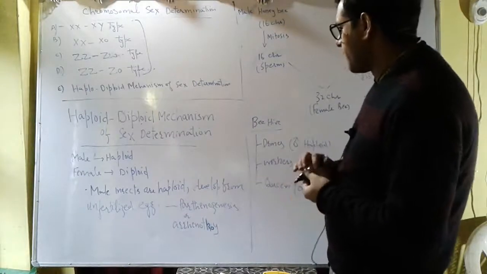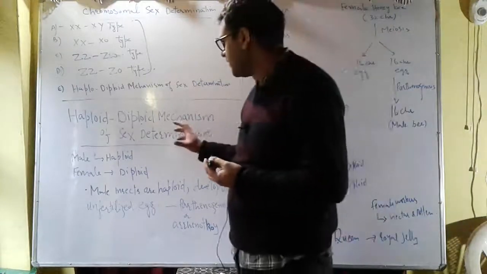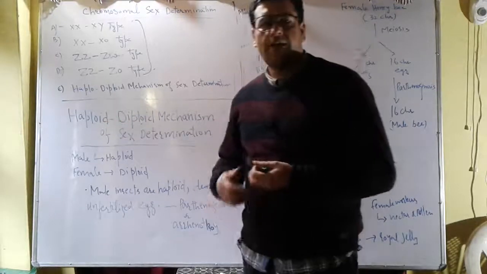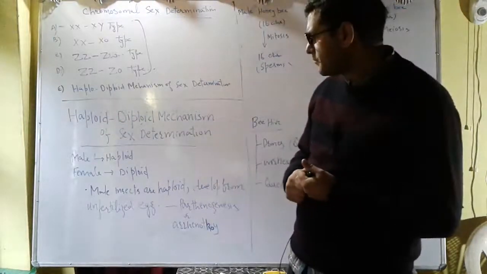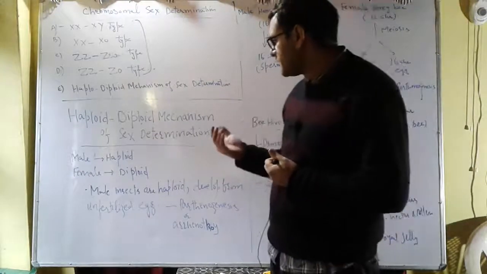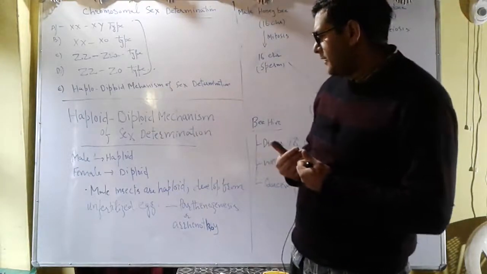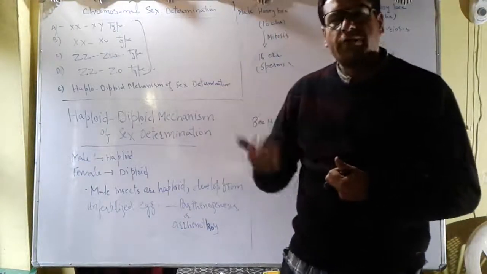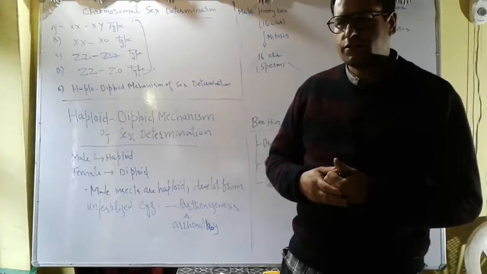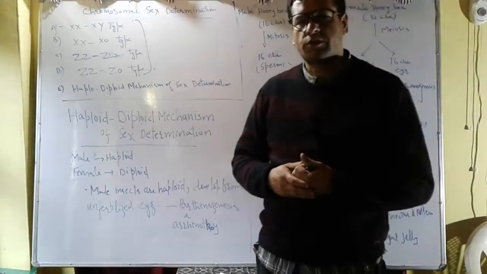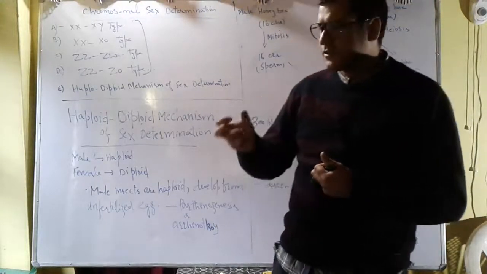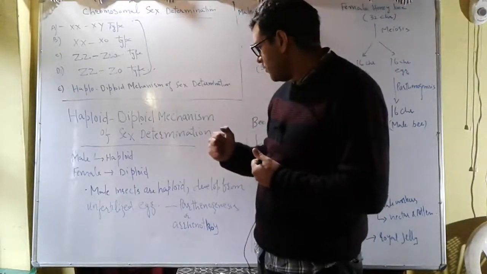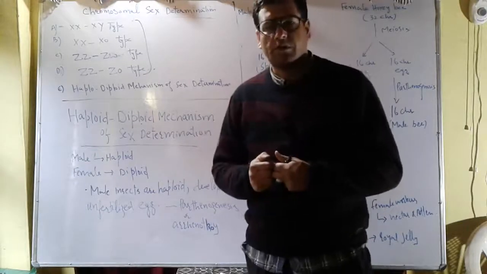Here, what is important is that the male is haploid and the female is diploid. The male is haploid and female is diploid because male individuals get formed from the unfertilized eggs by means of a phenomenon called parthenogenesis, whereas females develop by means of the fusion of the gametes.